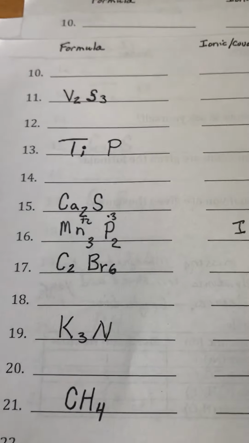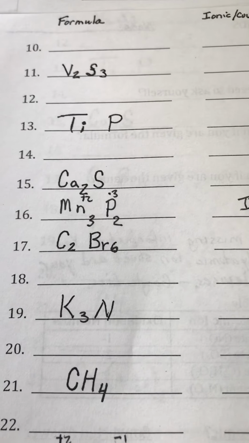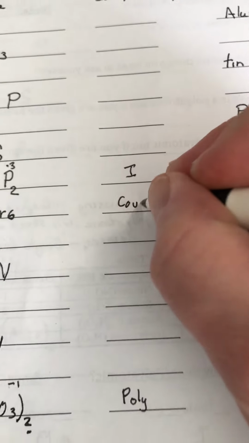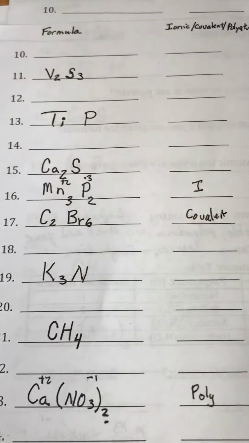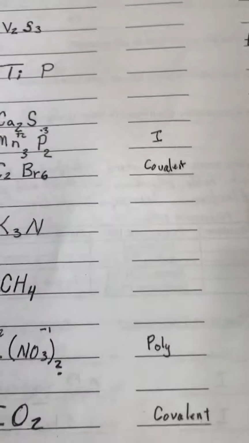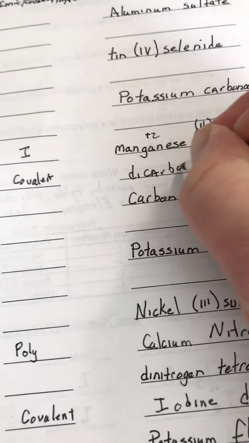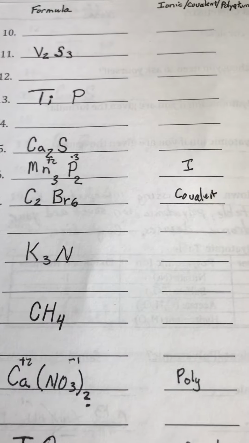All right, one more of the covalent. So we're going to do number 17 here. So that's going to be covalent. And that gives us 2 carbons. So that's dicarbon. And it tells us that we got 6 bromides.